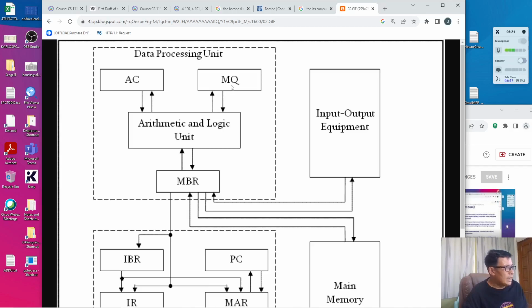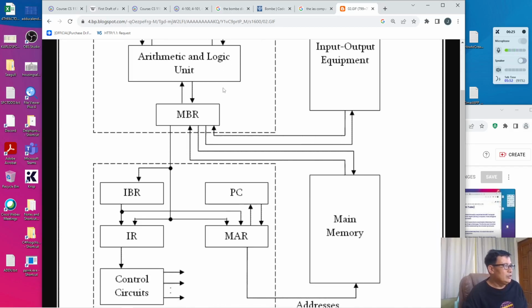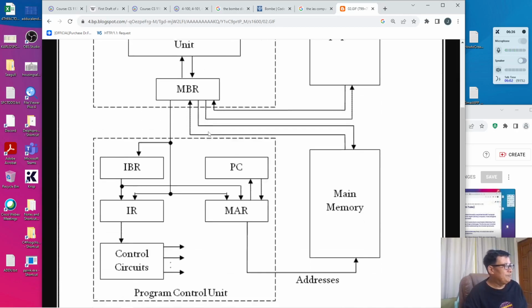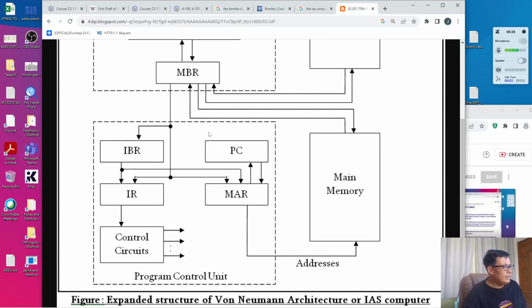It can store the second addend, the subtrahend, or one of the multipliers during arithmetic operations. And the memory buffer register is used to temporarily store the result before it's transferred to the main memory or to the accumulator register.